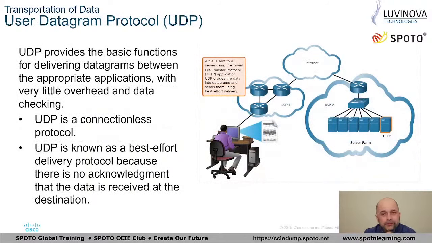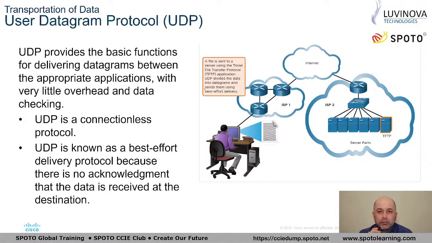User datagram, another important protocol in the transport layer, is UDP, and it provides the basic function for delivering datagrams between the appropriate applications. And here, look carefully, with very little overhead and data checking, which basically means there is no reliability.